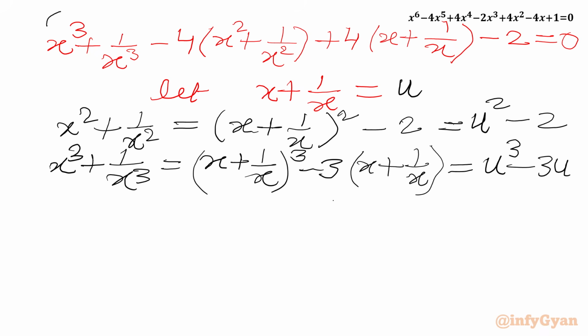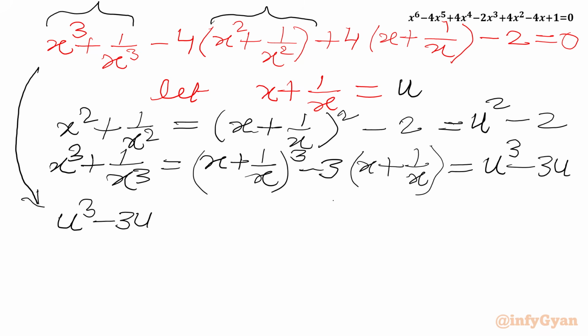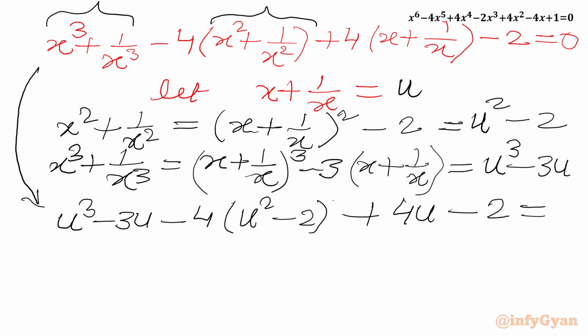Now we can replace x cube plus 1 over x cube by u cube minus 3u, and x square plus 1 over x square by u square minus 2. So our equation will become u cube minus 3u minus 4 in bracket u square minus 2 plus 4u minus 2 equal to 0.